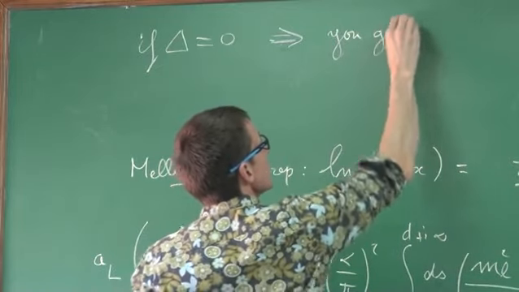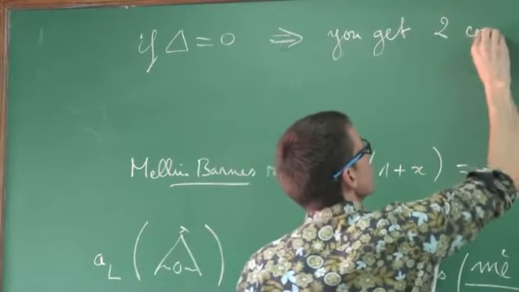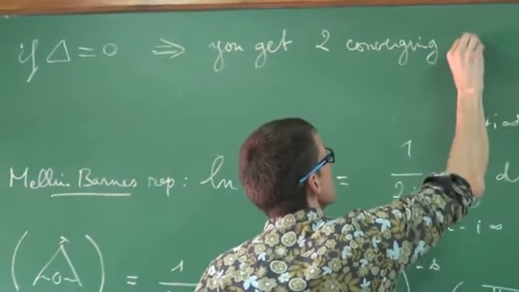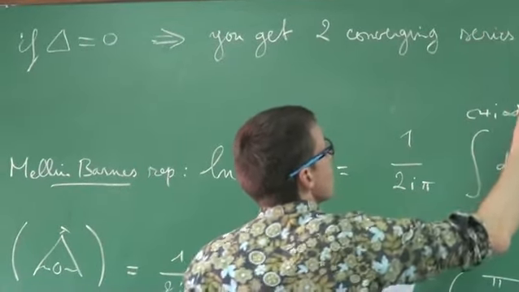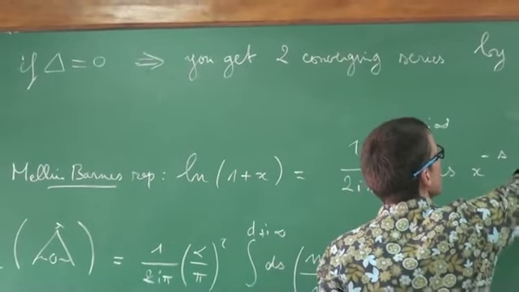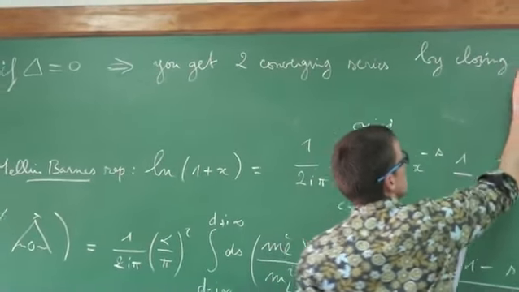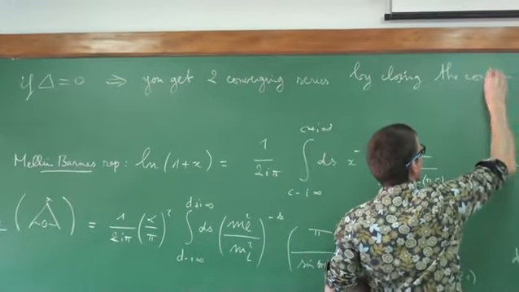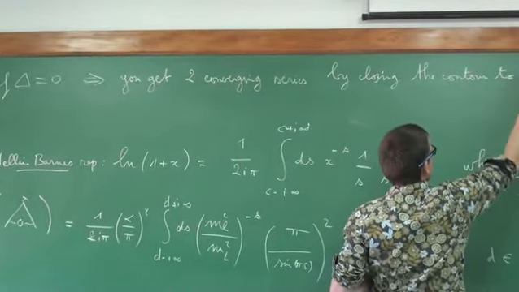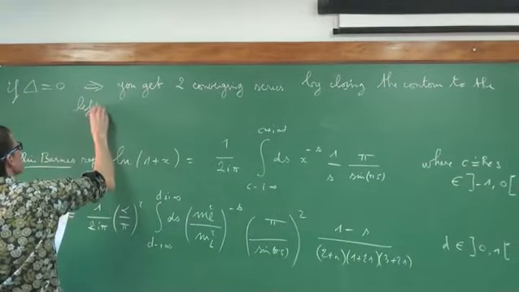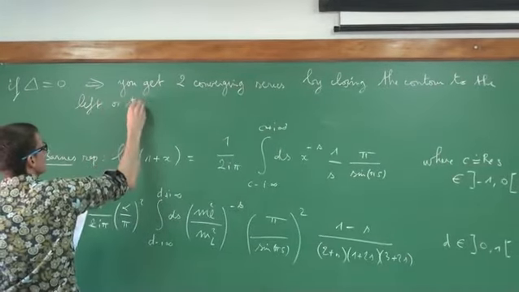So you get two converging series by closing the contour to the left or to the right.